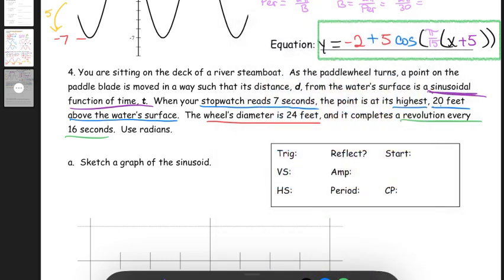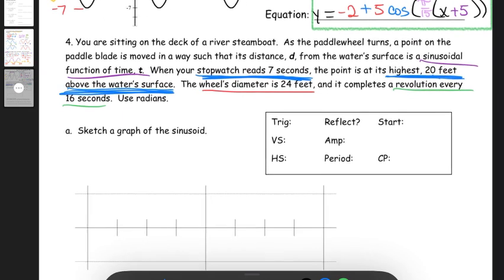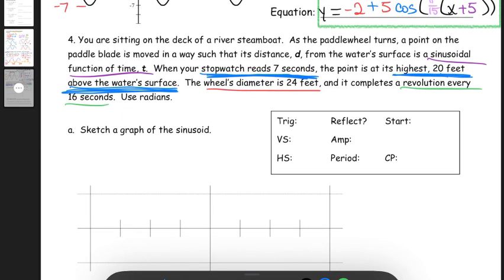And this peak, 7 seconds, highest height, 20 feet above the water surface, gives us a high point. That's a good place to start. A high, a middle, or a low is where we want to start a cycle. So in this case, being the high point, we're going to start that cycle high.